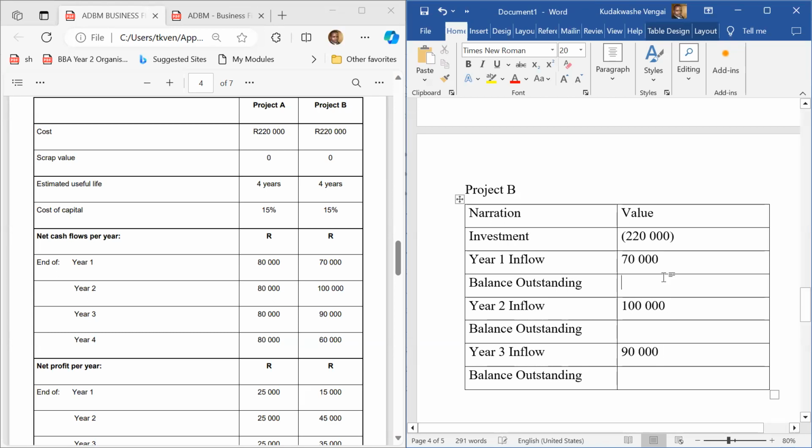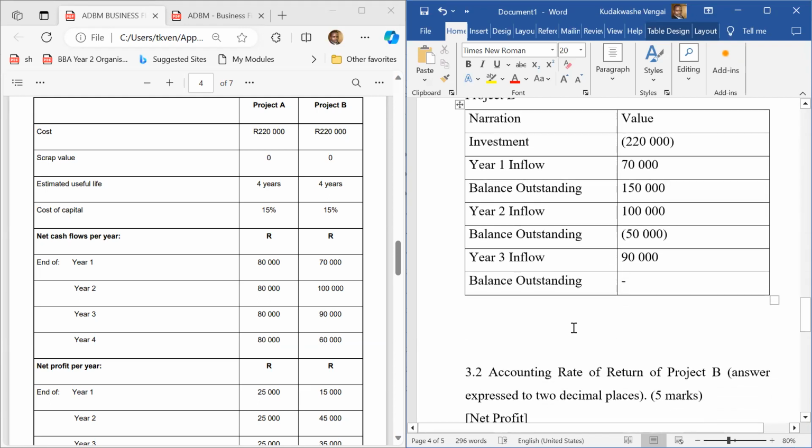Okay, let's do the calculations. 220, plus 70,000 cash flow, we get 150 here. 150 is the balance as at year number 1, and then in year number 2, we add another 100,000, and our balance is 50,000. Then in year number 3, we can notice that we have now fully paid because we get 90,000 when our balance is 50,000.